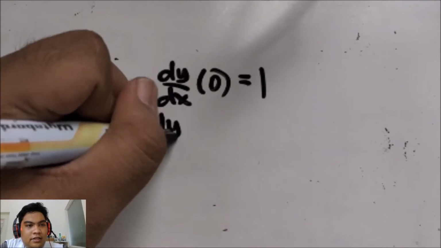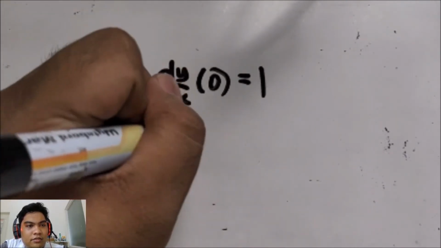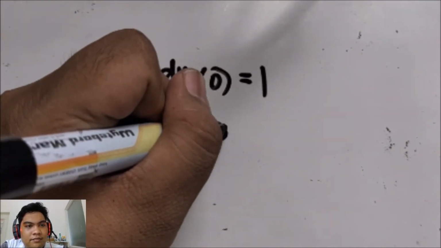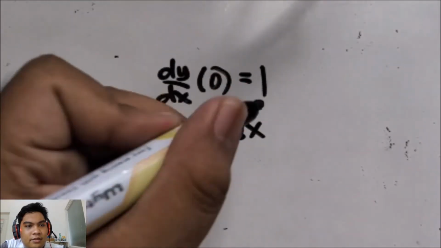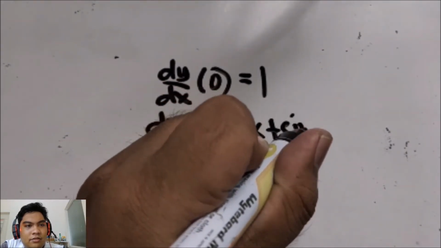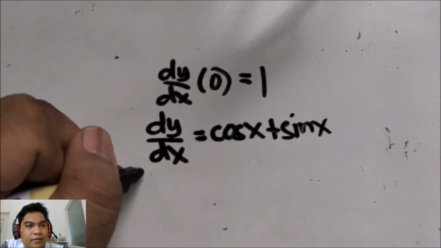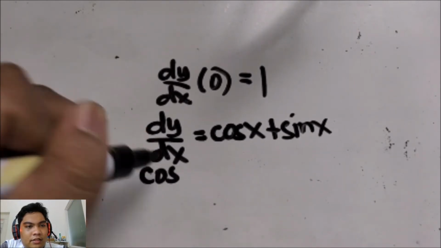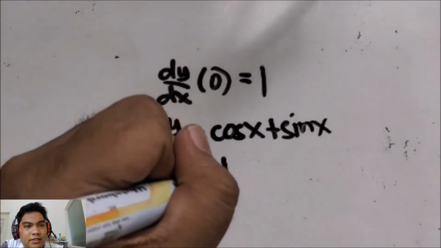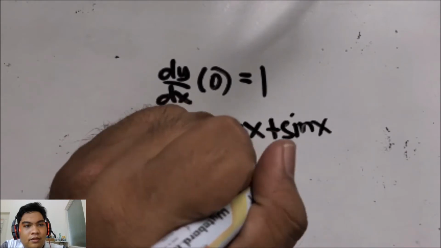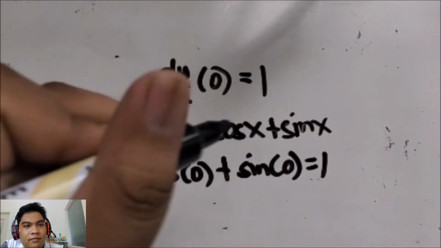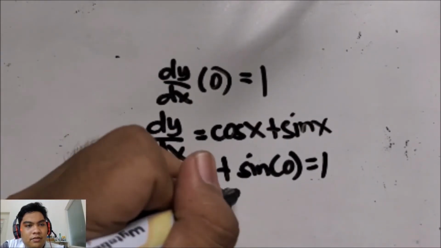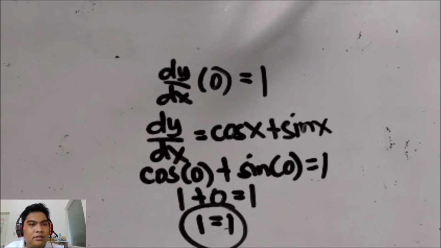Okay, so we get the second initial condition, that is dy over dx of 0 equal to 1. So at x equal to 0, dy over dx equal to 1. So cosine of 0 plus sine 0 equal to 1. So that is 1 plus 0 equal to 1. So 1 is equal to 1.